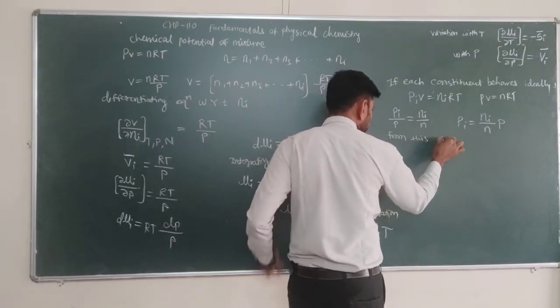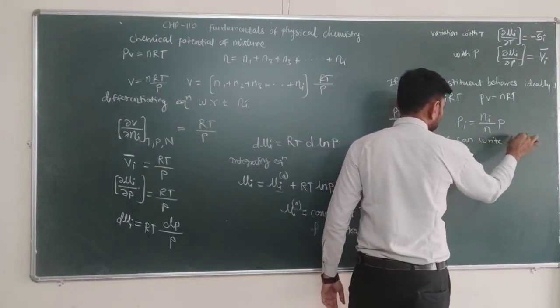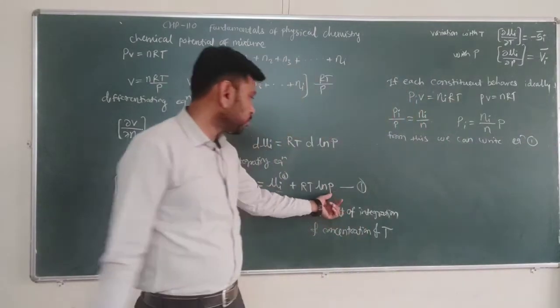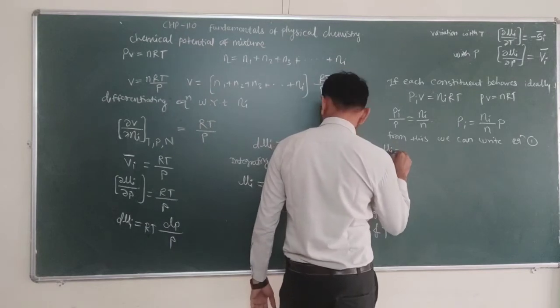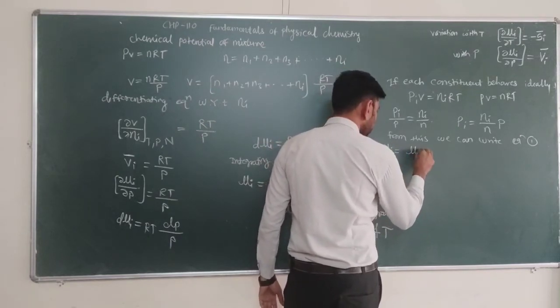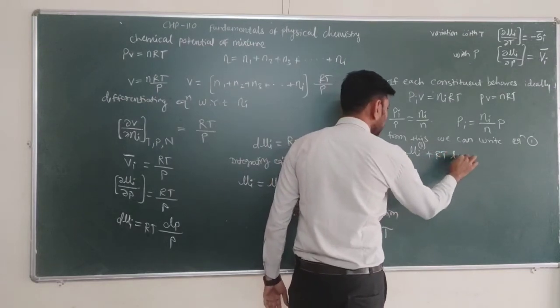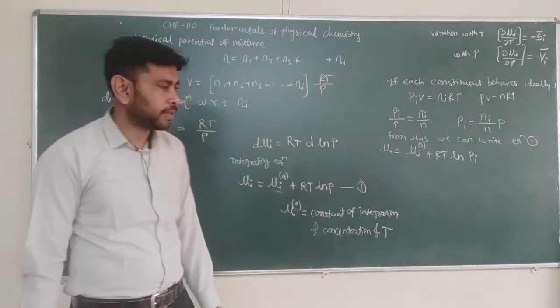So equation 1 becomes, see equation 1, P should be replaced by Pi. Here mu I equal to mu I0 plus RT ln Pi.